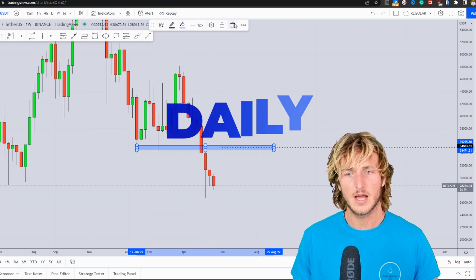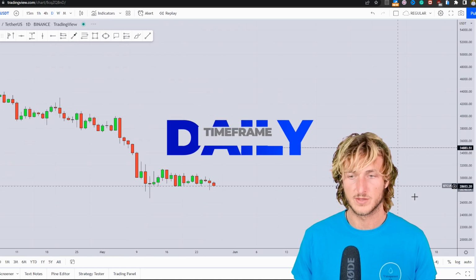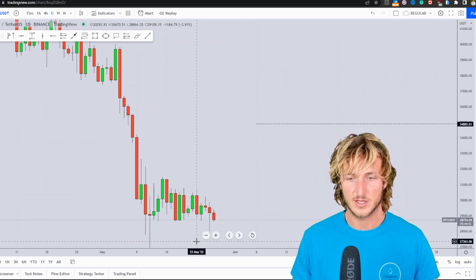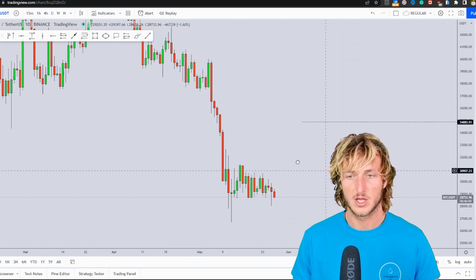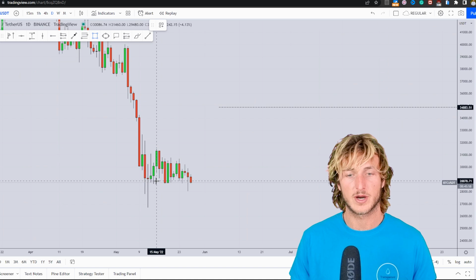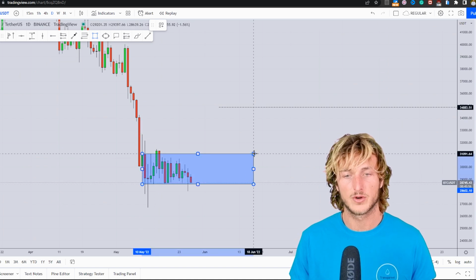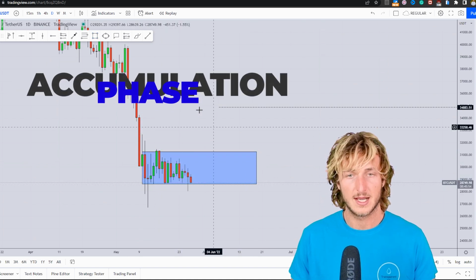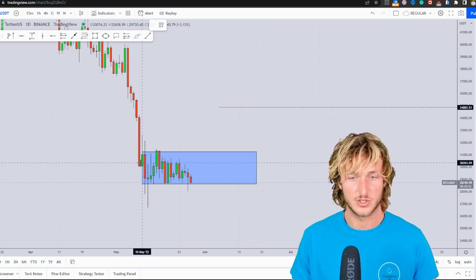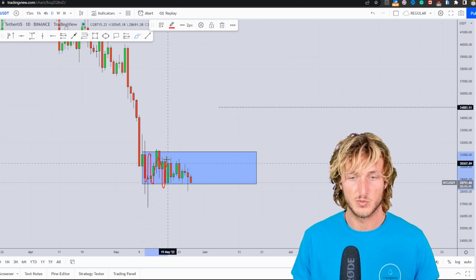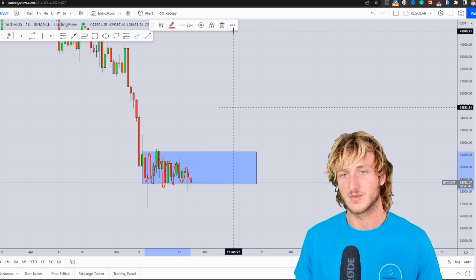Now, going down on the daily time frame, what do we see? Now, here in the daily time frame, things get very interesting. In fact, what we can notice is that the market seems to be inside of a horizontal accumulation phase. Now, why do I say horizontal accumulation? First of all, we can see that the market has been moving sideways for quite some time now.